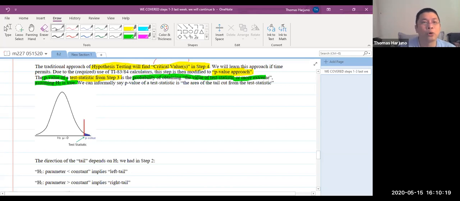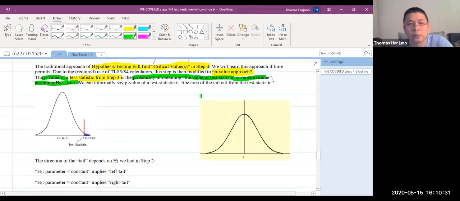It is as if we say the following. Suppose my test statistic, C star, is, let's say, 1.34.